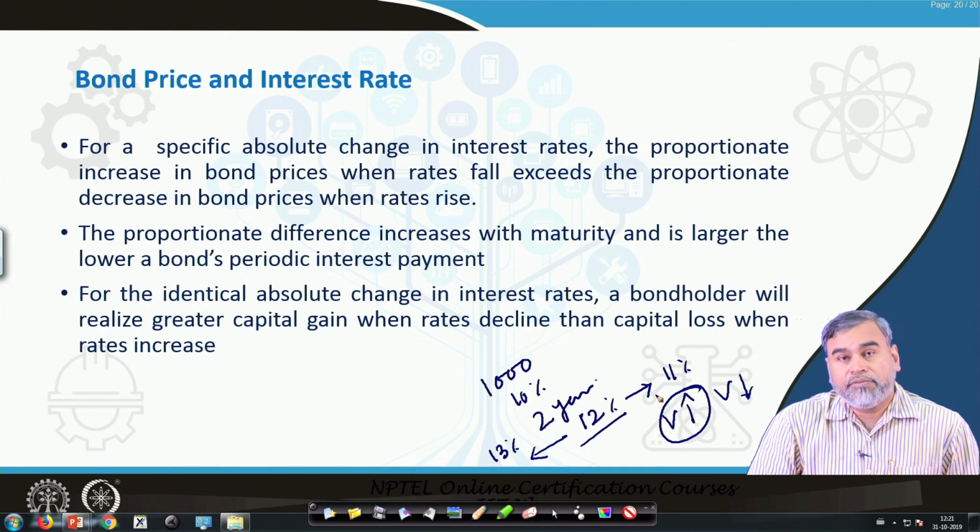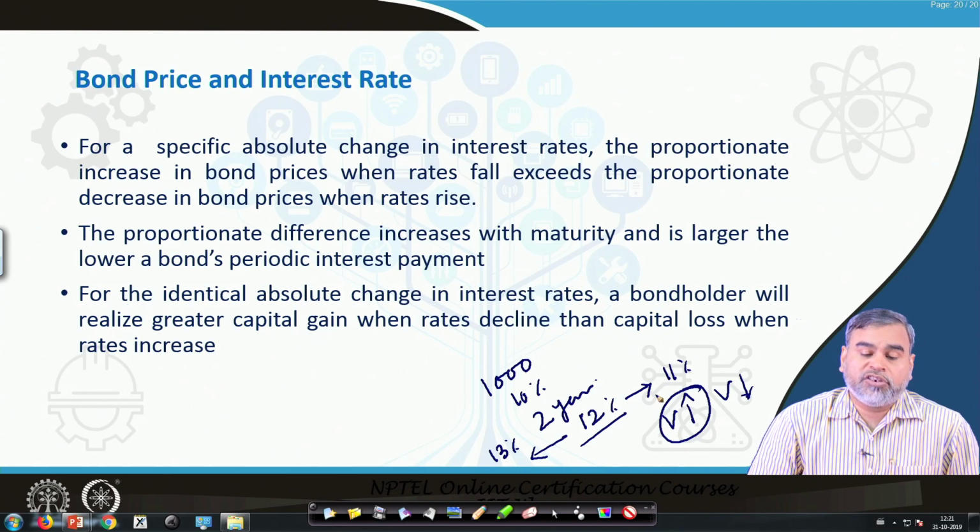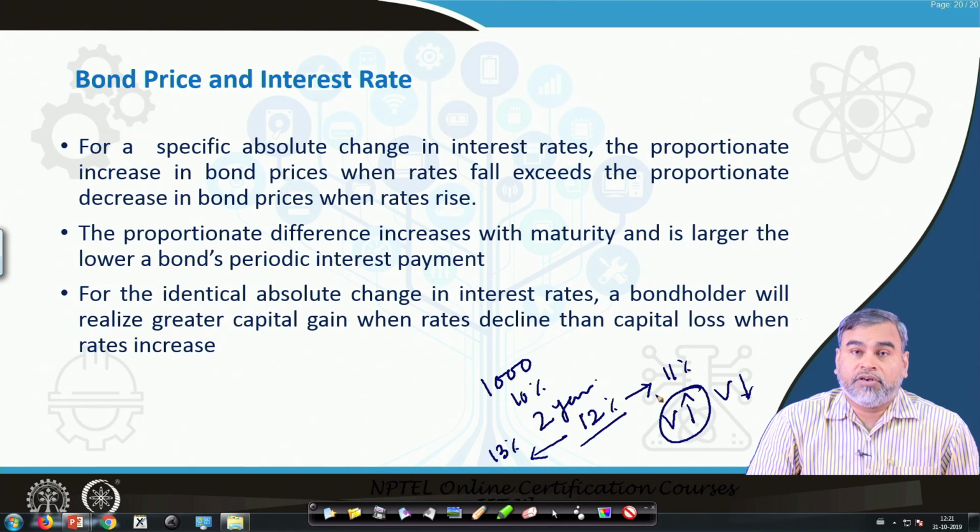The proportionate difference grows with maturity and is larger the lower the bond's periodic interest payments. For an identical absolute change in the interest rate, a bondholder will always realize a greater capital gain when rates are declining than the capital loss when rates are increasing. So, the investor is always much more concerned about a decline in the interest rate, because it has more impact on the value of the bond.